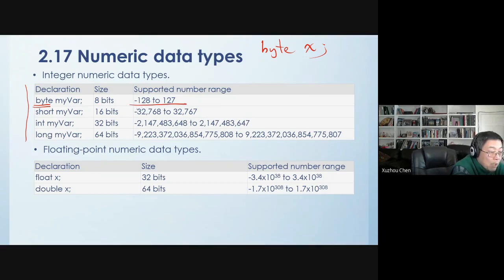From negative 128 to 127. The largest number 8 bits can accommodate is 255, but if you count the sign, positive and negative, you have to reserve one bit for the sign. Then you only have 7 bits.